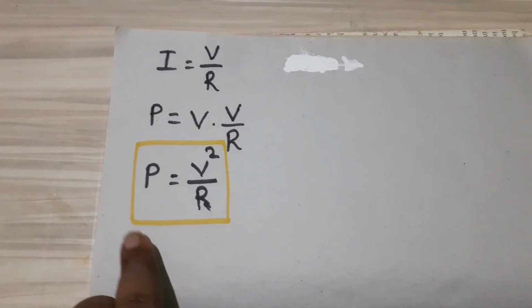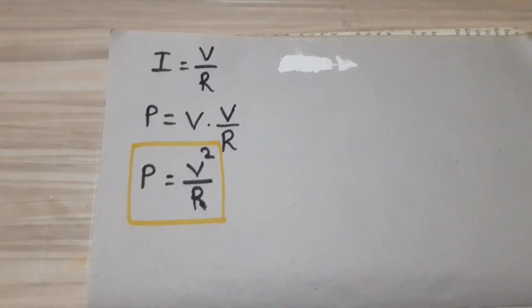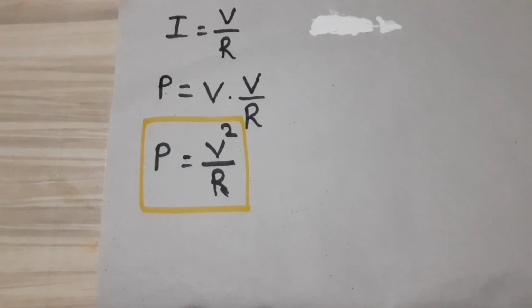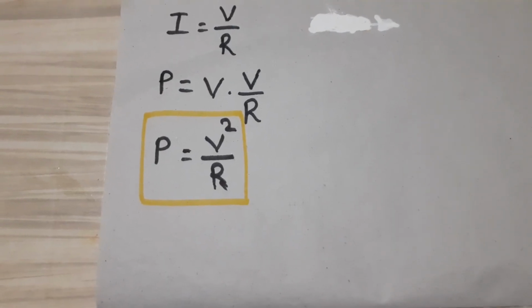P equal to VI, P equal to V square by R, P equal to I square R. These three are the formulas of power.